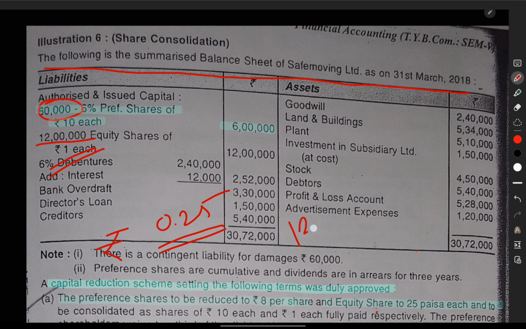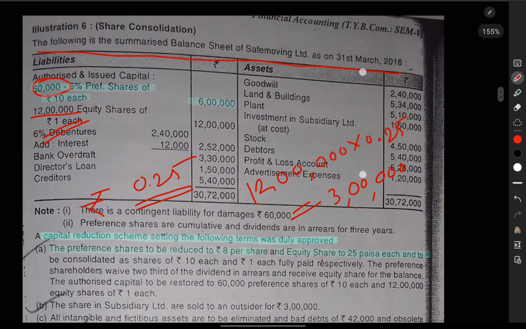So 12 lakhs into 0.25 equals 3 lakhs. So the equity share amount is 3 lakhs.